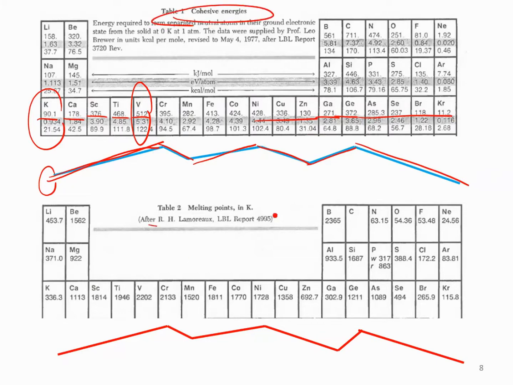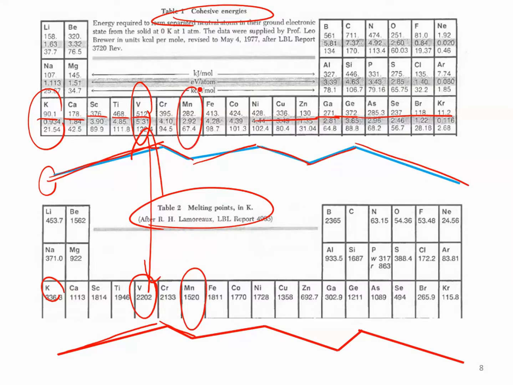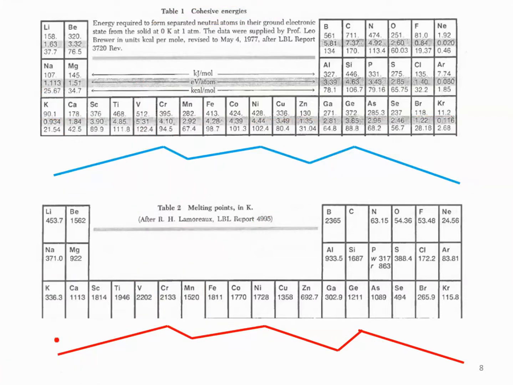When we look at the melting point, we found that it has the same trend. From potassium, it increases up to V, same here, right? And then for chromium, it decreases up to manganese. So here we can conclude that the cohesive energy is closely related to the melting point.